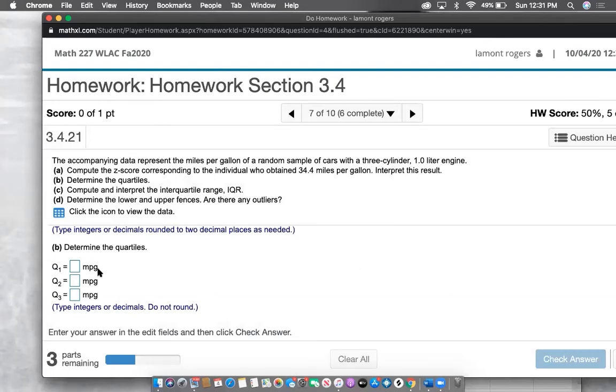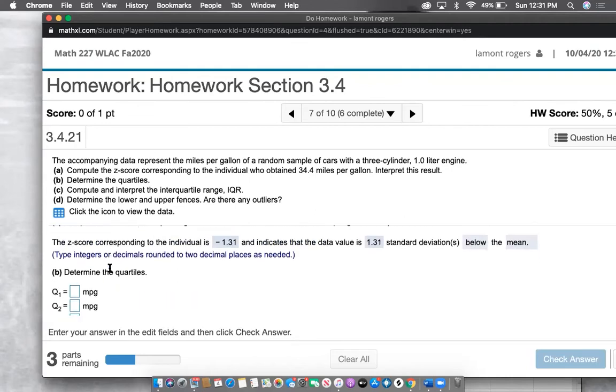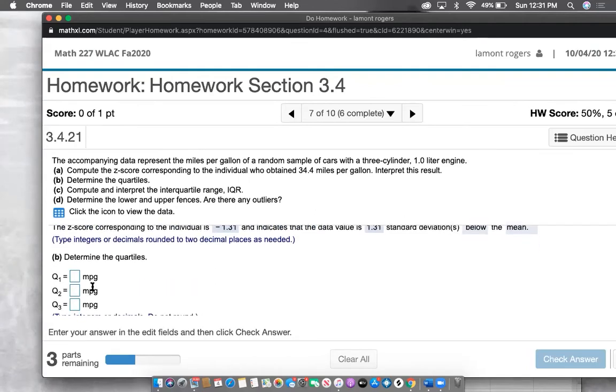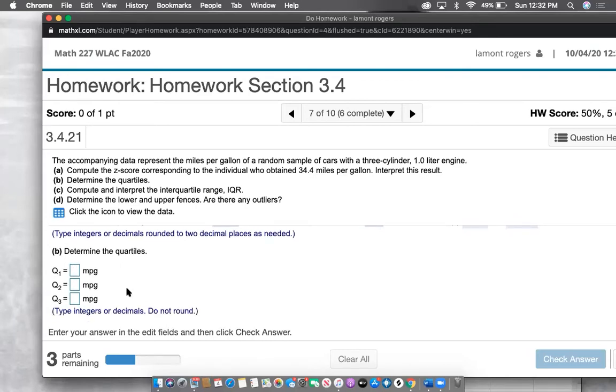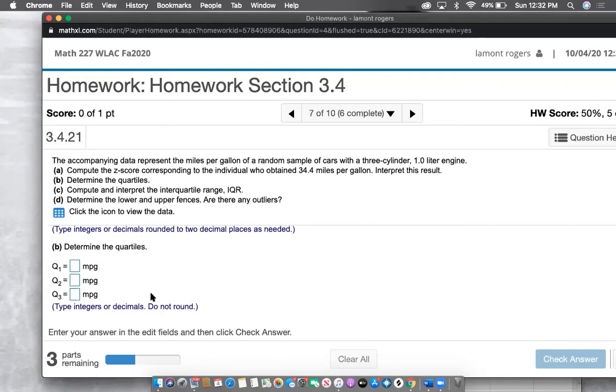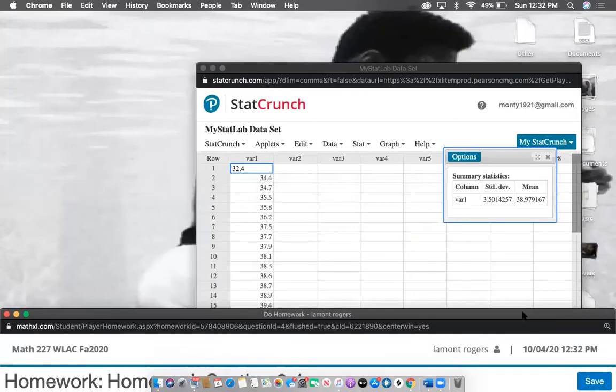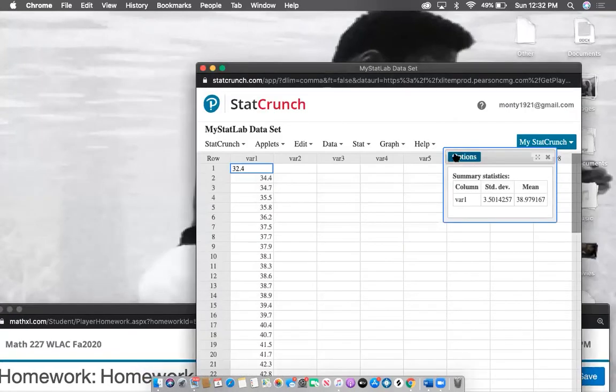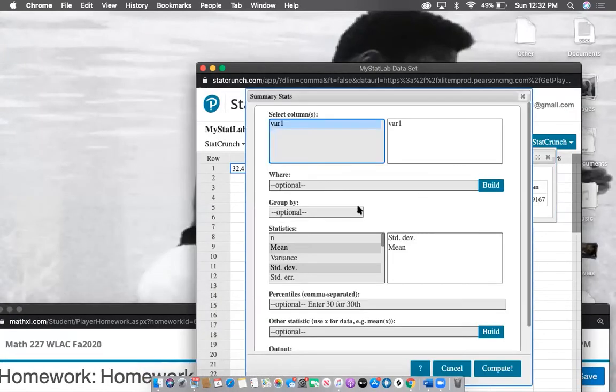Let me see what they are asking for. Now they just want the quartiles. That's easy to get on StatCrunch. Go to options, edit, throw in the quartiles. Remember, we need the median because that's Q2.